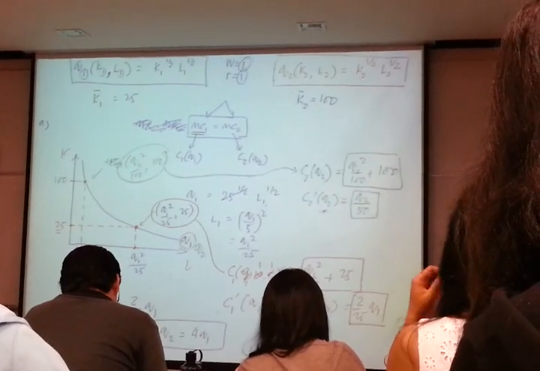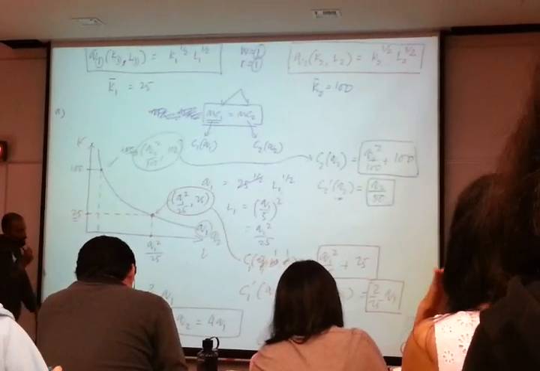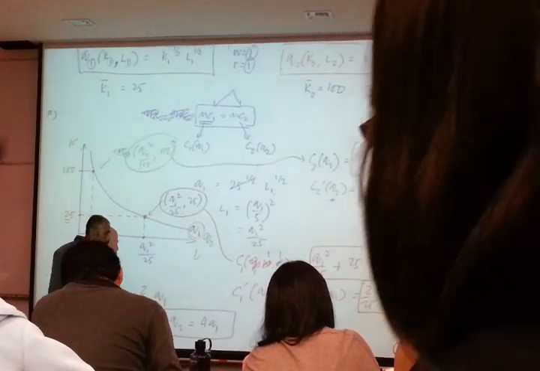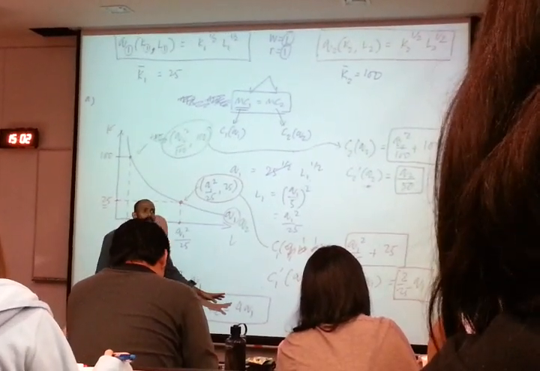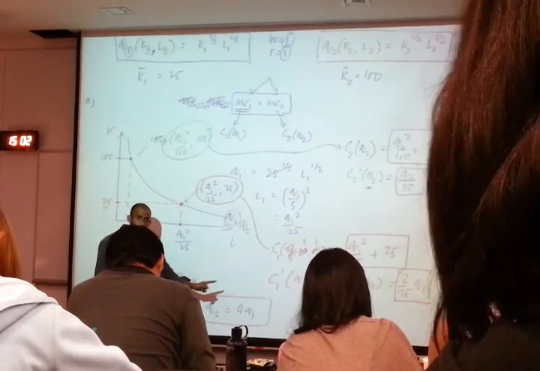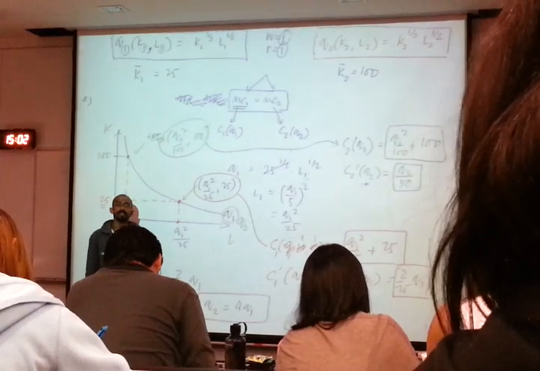Whatever output level the firm produces, if it is going to use both plants, it must divide it 20%, 80%. Q1 has to be 20%, Q2 has to be 80%.